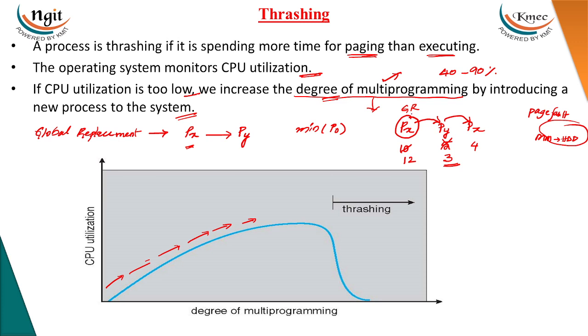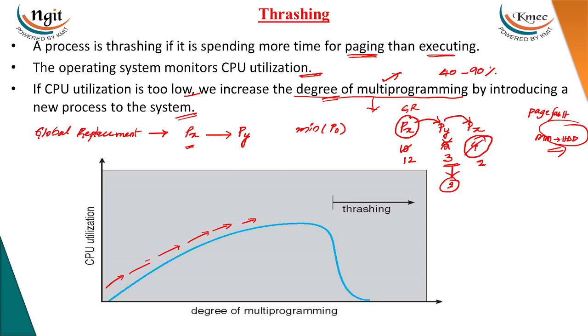Now the CPU will be switched from Px to Py, and Py references the pages which were recently moved to hard disk. Out of those 2 pages, one page is referenced. Then Py needs those pages, so Py takes pages from Pz.